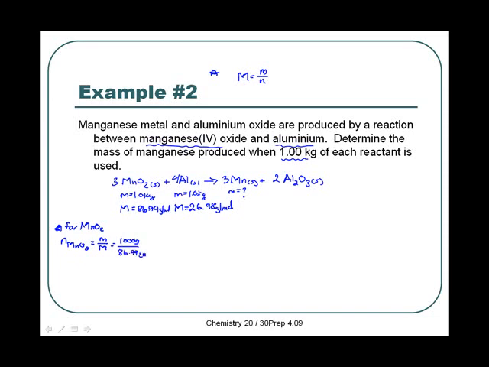86.94 grams per mole, and we'll end up with 11.5 moles.